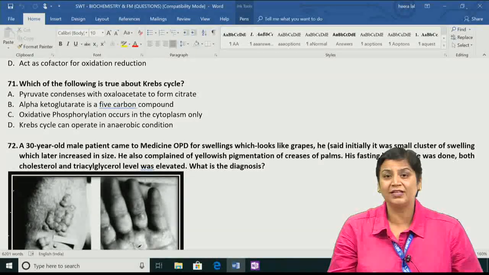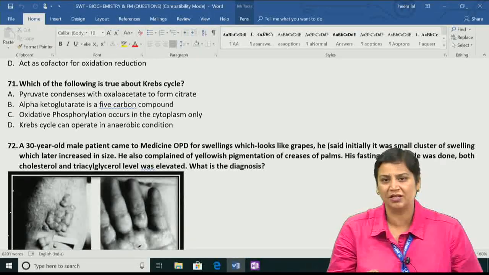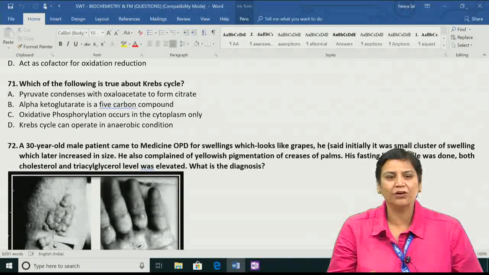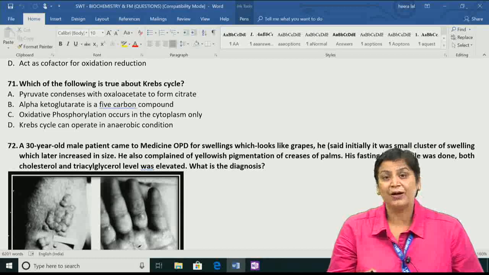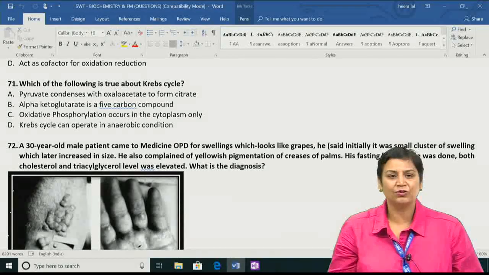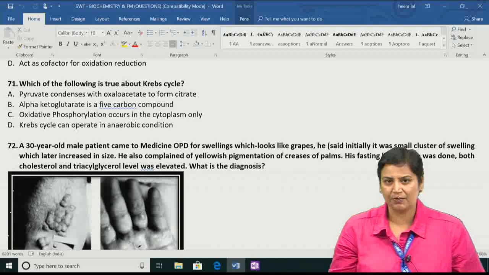Whenever we talk about oxidation, it involves oxygen, and whenever oxygen is involved, it can never be the cytoplasm. It has to be mitochondria. Oxidative phosphorylation is attachment of inorganic phosphate in the mitochondria to form ATP. And the last option is Krebs cycle can operate in anaerobic conditions. No. Just now I told you it occurs in the matrix, so obviously oxygen is involved. So the answer to this question is B, alpha ketoglutarate, which is a 5 carbon compound.